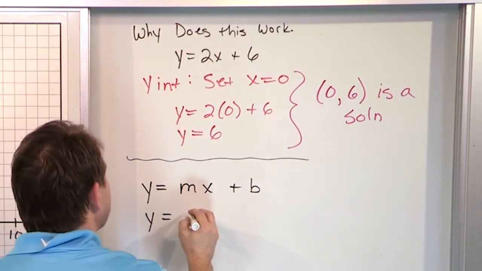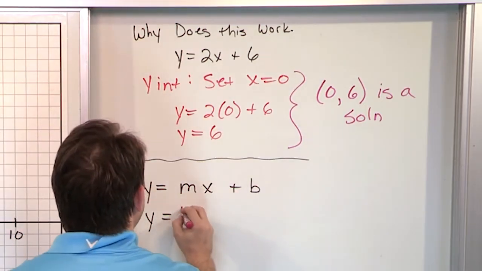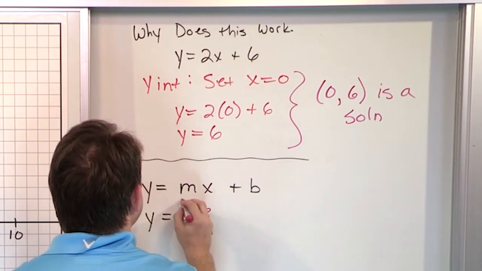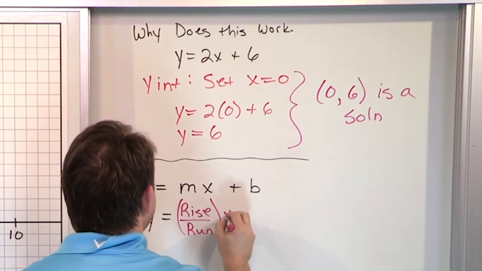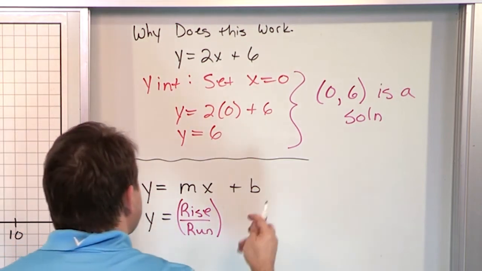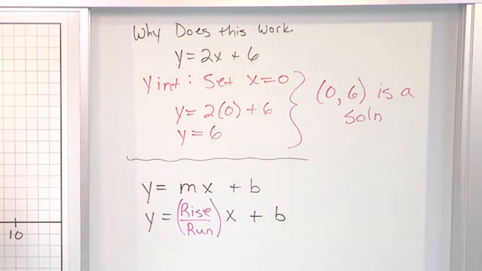Since slope is rise over run, let me go ahead and substitute in for m rise over run, right? This is what I'm calling the slope, times x, let me go ahead and put this back in black. I want to emphasize that. Times x plus b, right? That's what I'm doing here.